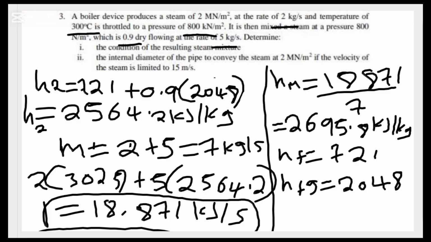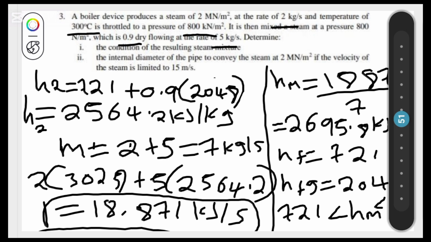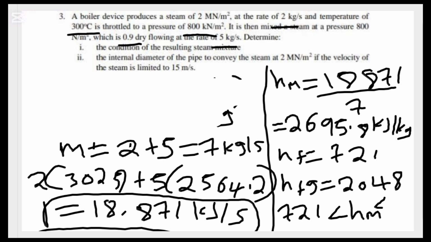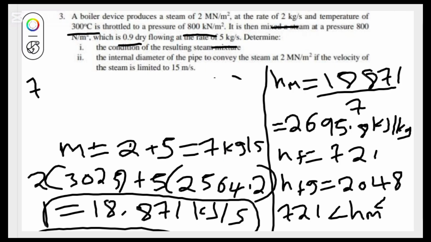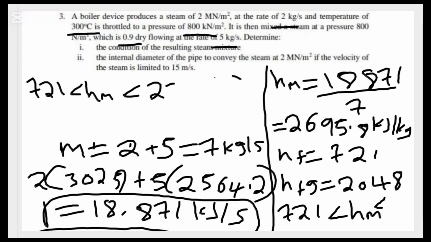So since the 721, which is the h_f, is less than h_m, which is the specific enthalpy of the mixture, and also it is less than 2770, therefore the mixture is wet steam.